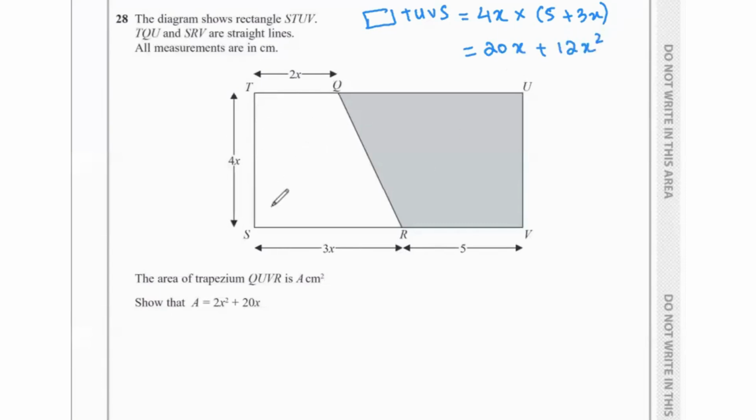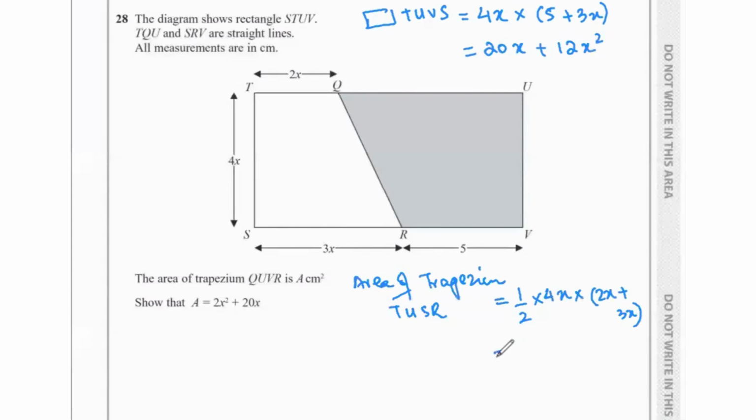Now what I'm going to do is find the area of this trapezium TUSR. That's going to be 1 over 2 times the height, which is 4x, times the sum of parallel sides, which is 2x plus 3x. So that's going to be 2x times 5x, which is 10x squared.